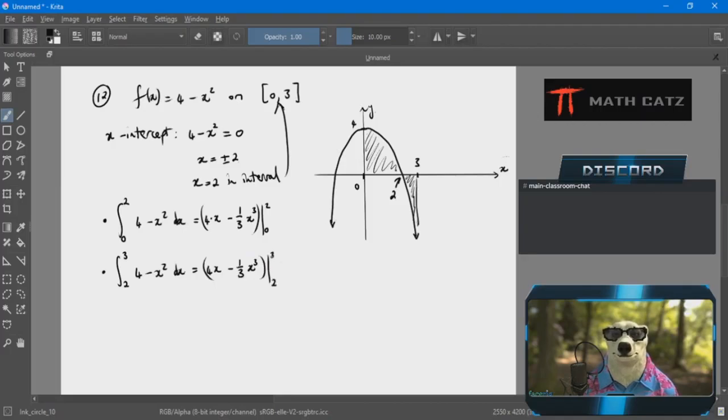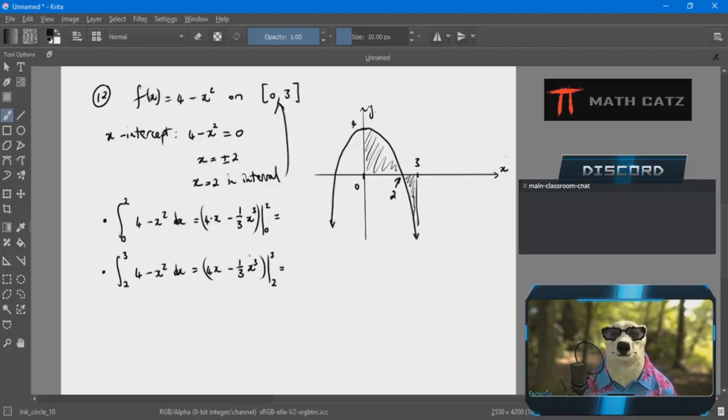I just have different numbers to put in. So we'll get an answer for each of these, plugging in a 2 minus plugging in a 0. But luckily the 0 makes the calculation super simple, because that second bracket that I'm going to plug in 0 for, the whole thing is just going to be 0.